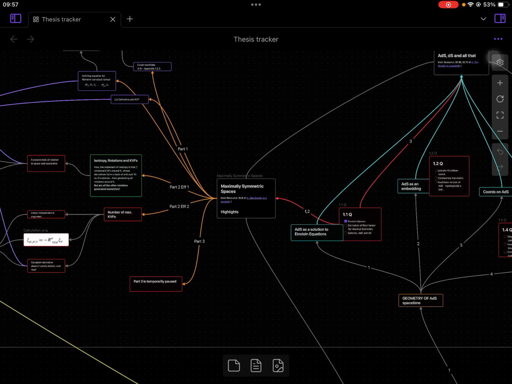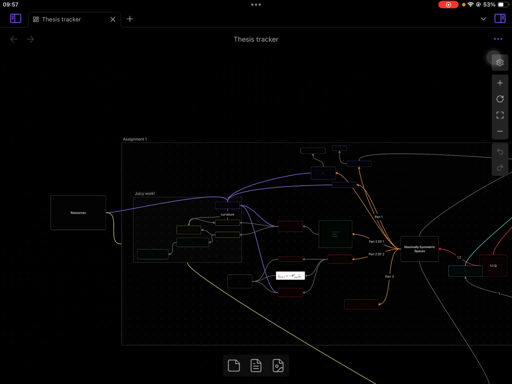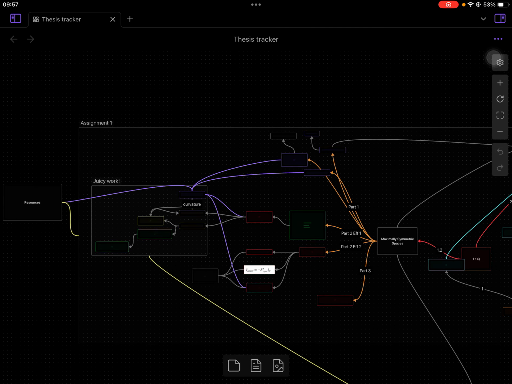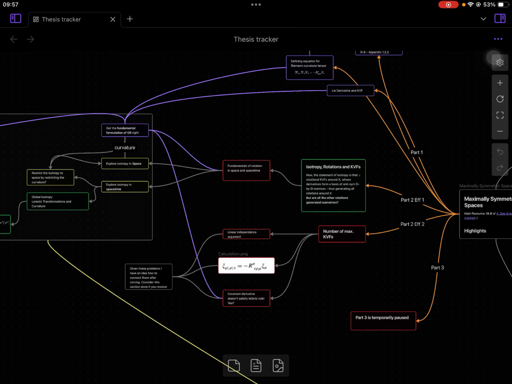So AdS as a solution to Einstein equations has a lot of channeling here, as you can see. So maximally symmetric spaces are what I've been working on in the last 3 days. Interesting stuff. Lots of doubts too.